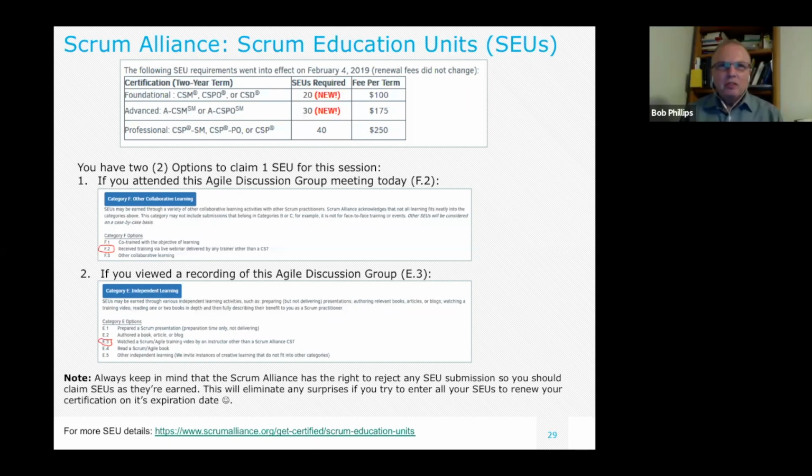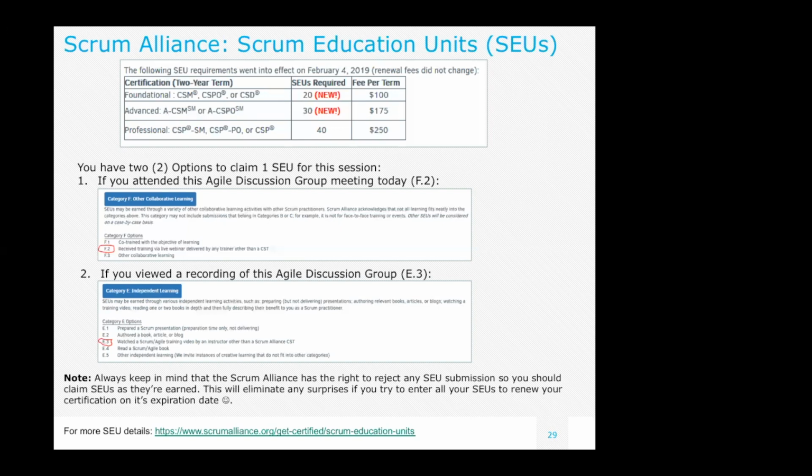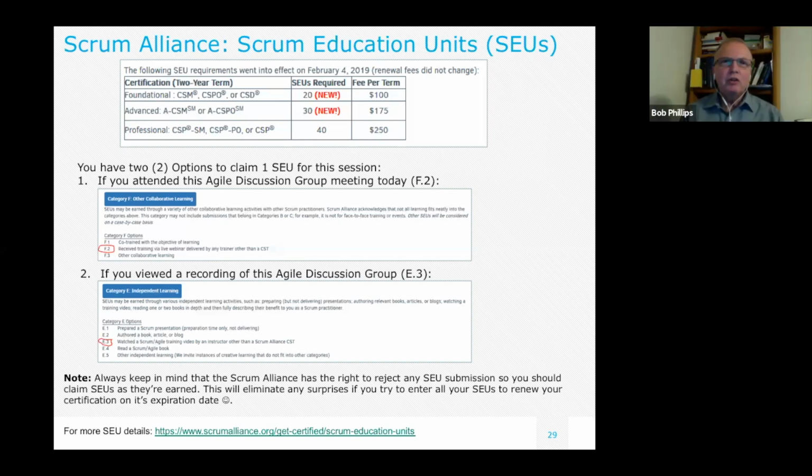Yeah, to get a guaranteed SEU from the Scrum Alliance, you have to actually submit a fee and give them the training materials. I mean, there's this whole huge thing of paperwork, and it's a very, very high overhead, and we're only talking 1 SEU, so it just wouldn't be feasible.